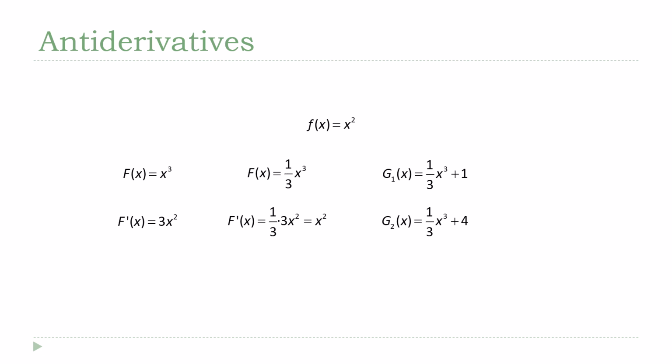So my general answer to the question, what are the antiderivatives of x squared, would be 1/3 x to the third power plus any constant. And I really want you to get that plus C bit in your head, because that's going to come up over and over again throughout our entire discussion of antiderivatives.